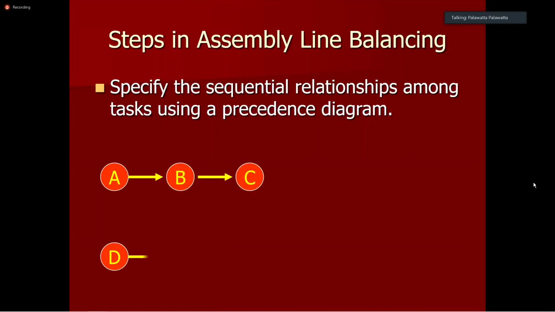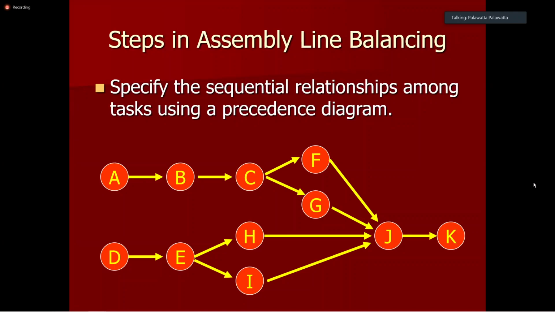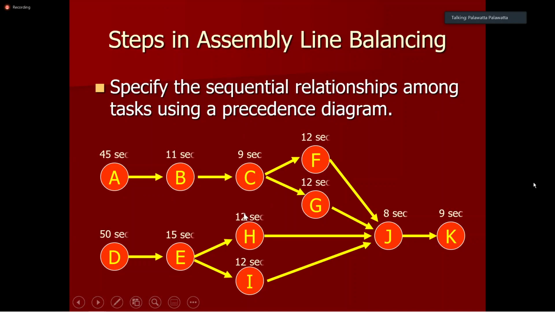Next, we have D, a starting activity, and E is done after D. F, G follow C, and H, I follow E. Then J is done after completion of G, H, I. K is the final task, completed after J. This is the sequence.